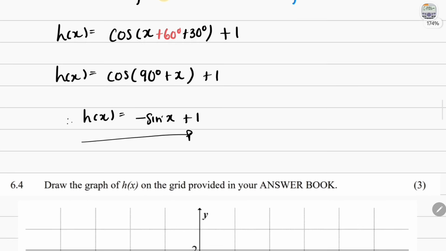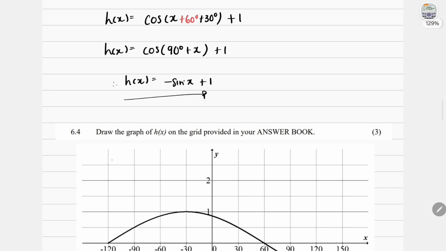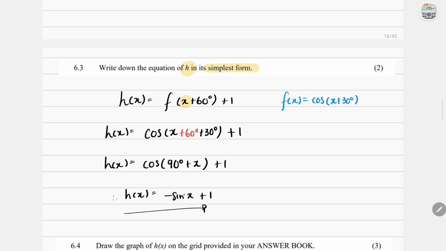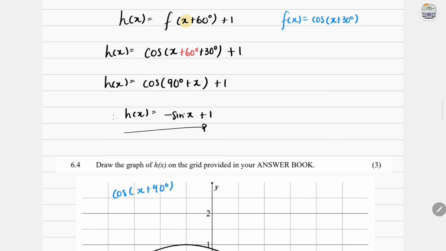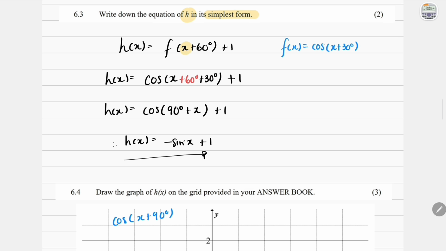But remember that before this, it was cos of x plus 90 degrees. Now, the current graph that we have here is the graph of f, and the graph of f is cos of x plus 30 degrees. So if you look at cos of x plus 30 degrees and cos of x plus 90 degrees, plus 1, of course, because of that plus 1.